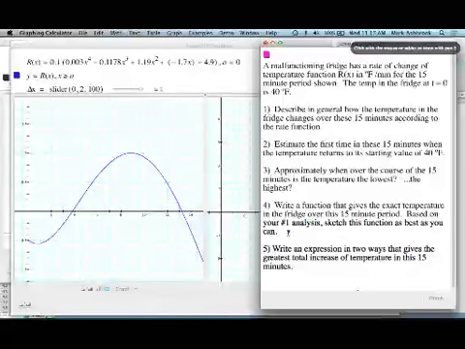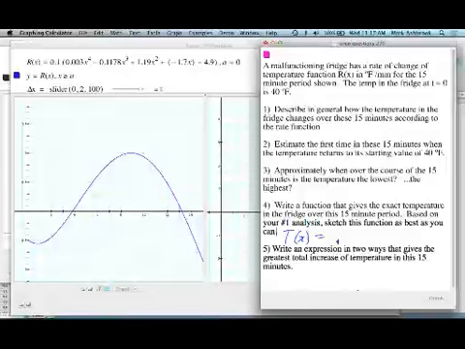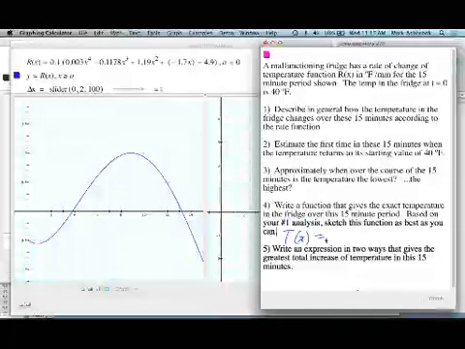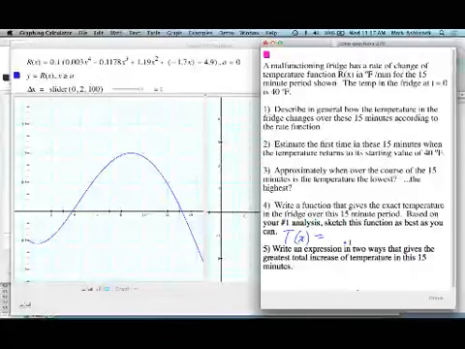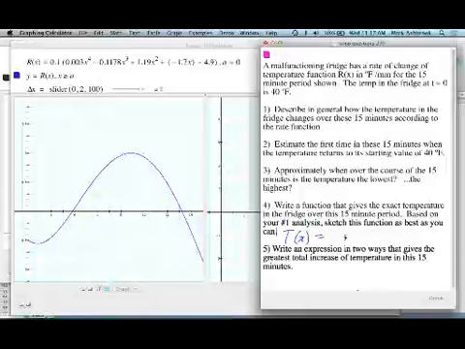All right, so we want a function that gives the exact temperature of the fridge over this 15-minute period. So let's call it T of X, temperature function. Who thinks they got that? Molly, did you get it? I don't know if I'm right. Okay.